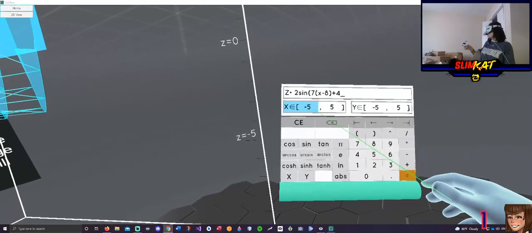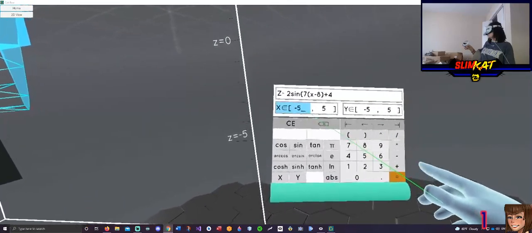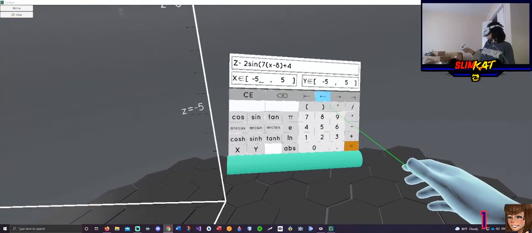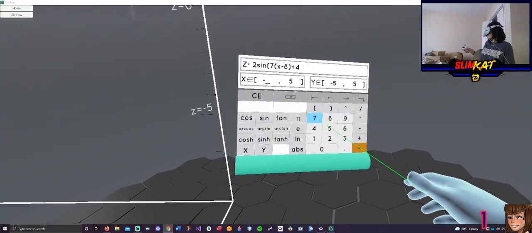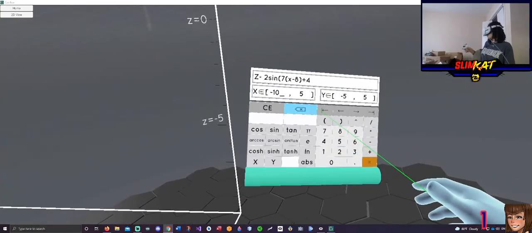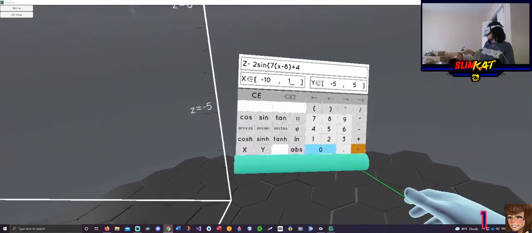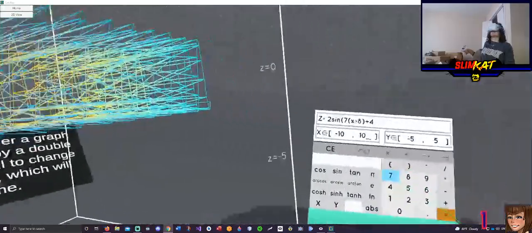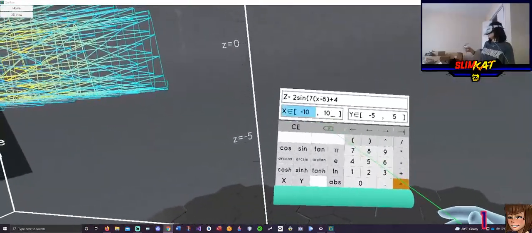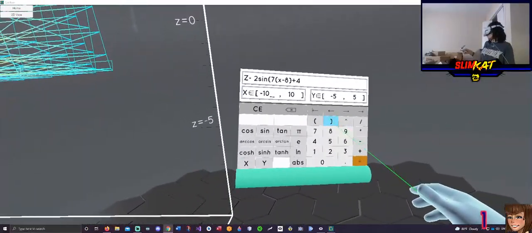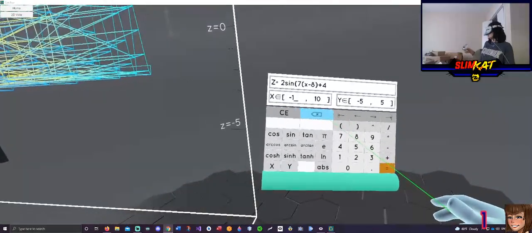So for the x values, we can do maybe 10. I don't know. See, now it's much wider. So the bigger the range, the more we will get to see.